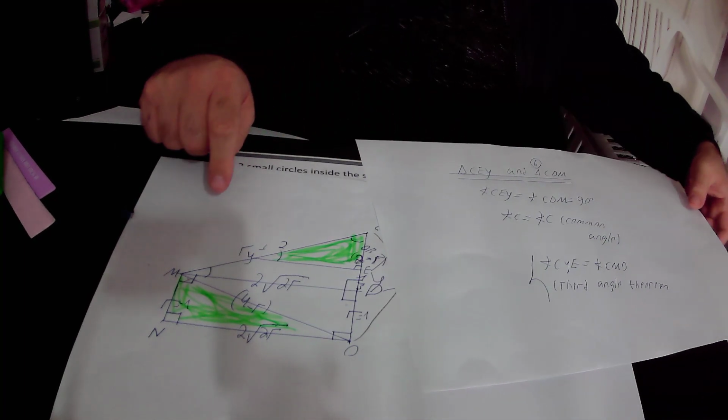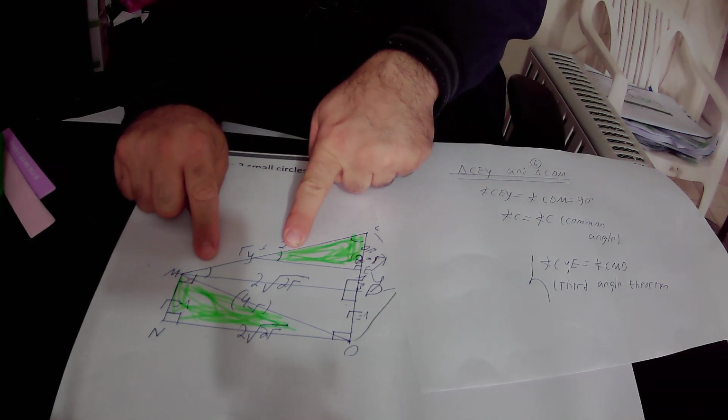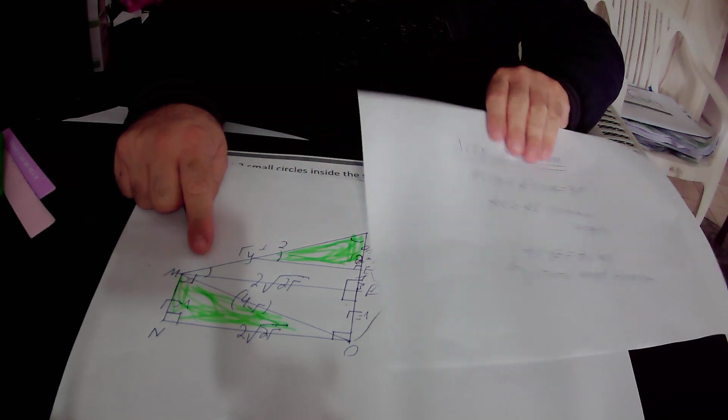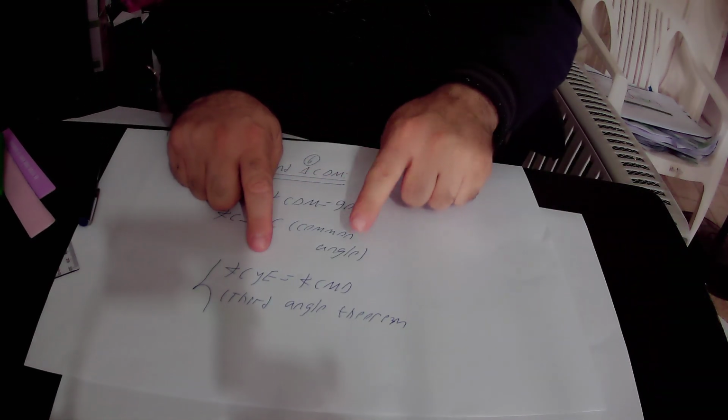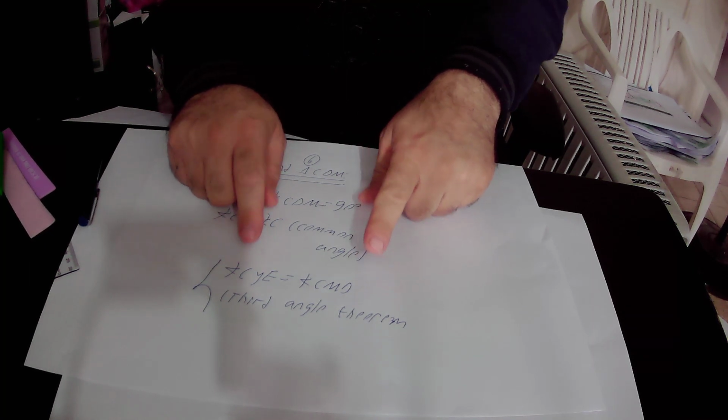And those two angles are also equal to each other according to the third angle theorem. Therefore, angle CEY equals angle CMD according to the third angle theorem. What is the third angle theorem?